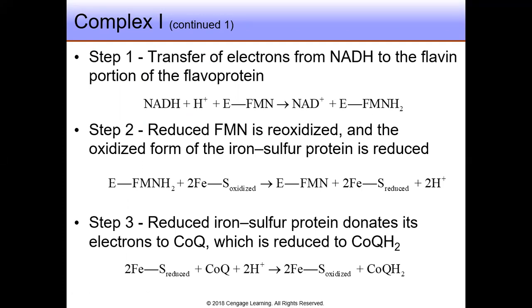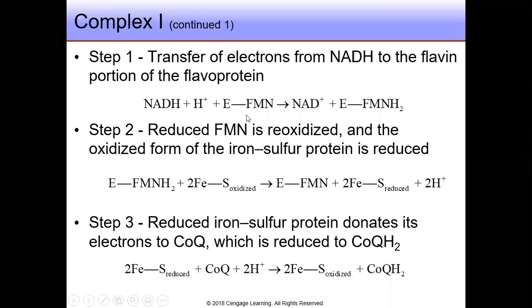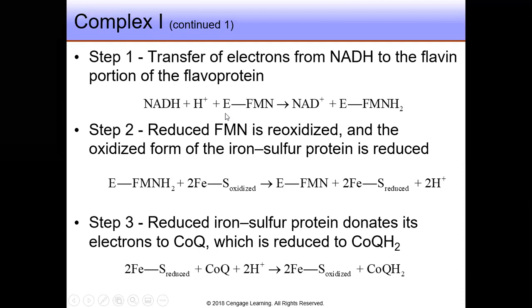Notice here that E-FMN indicates that the flavin is covalently bonded to the enzyme, remember. So it is oxidized while it is bonded covalently to the enzyme.